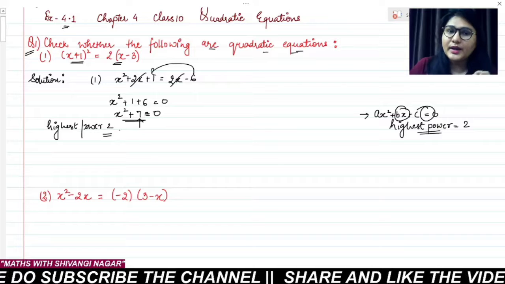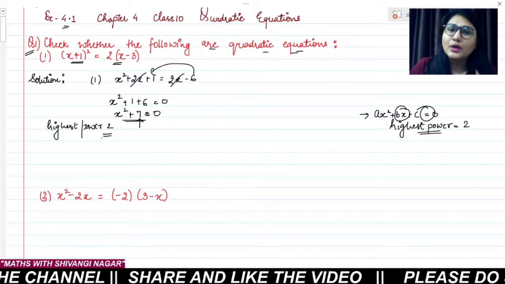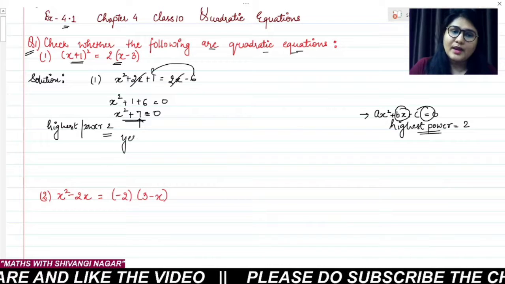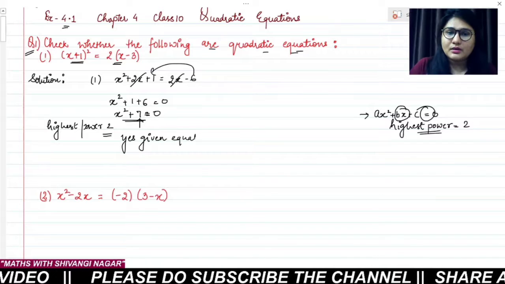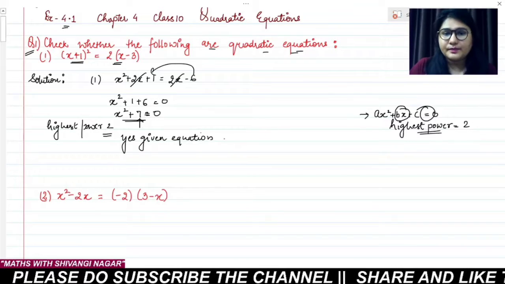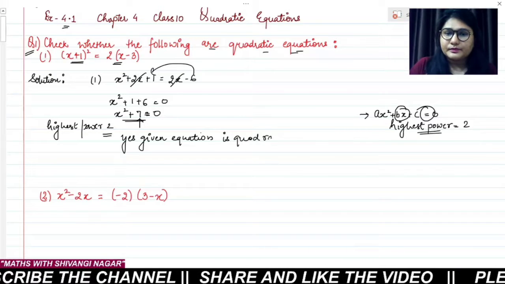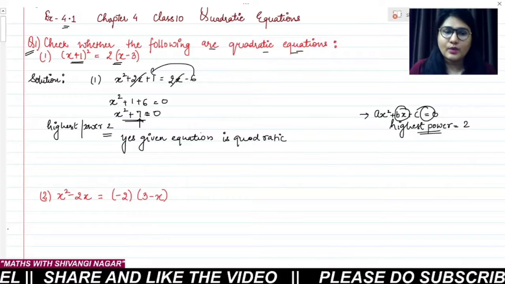What we need is that the highest power of the variable should be 2 and it should contain an equal to sign. Both conditions are met. So yes, the given equation is quadratic. In a similar way we will do all these questions.